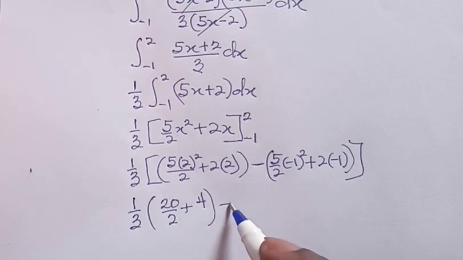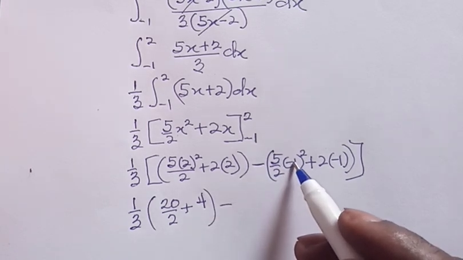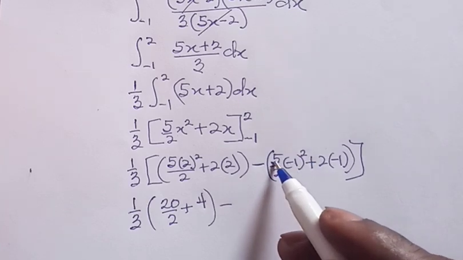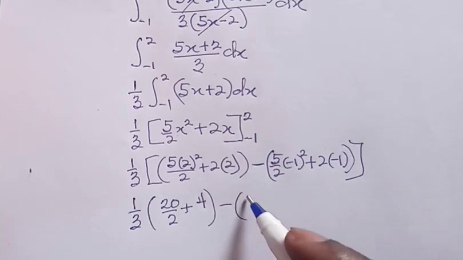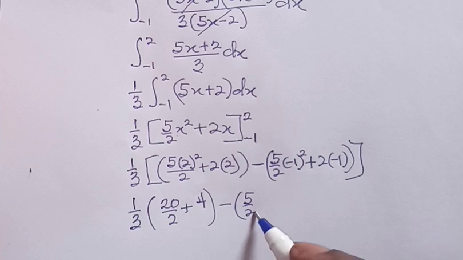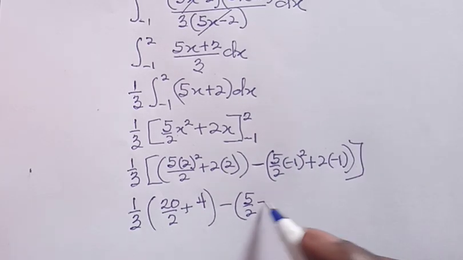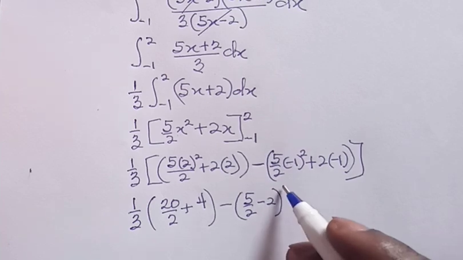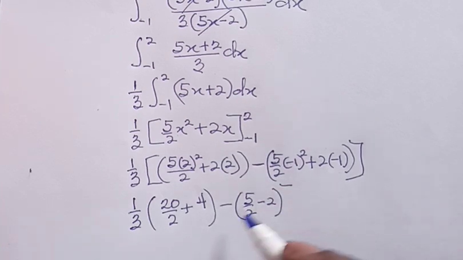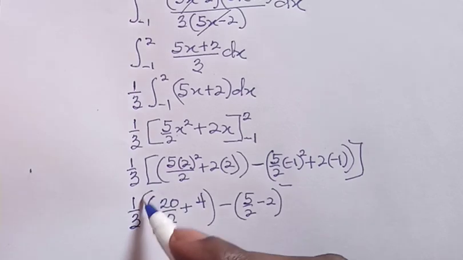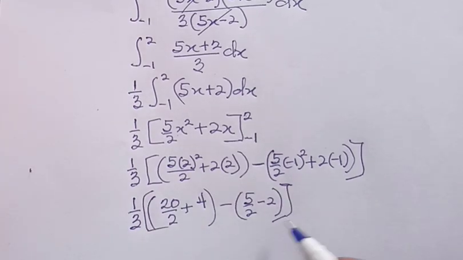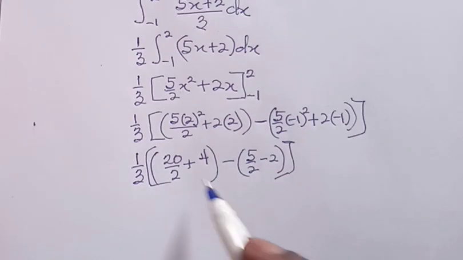Good. Minus. So -1 squared gives us 1. 1 times 5 gives us 5. So 5 on 2. Then 2 times -1 gives us -2. Good. So once we have this, we can further simplify.